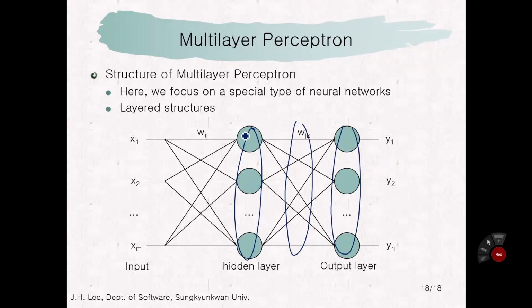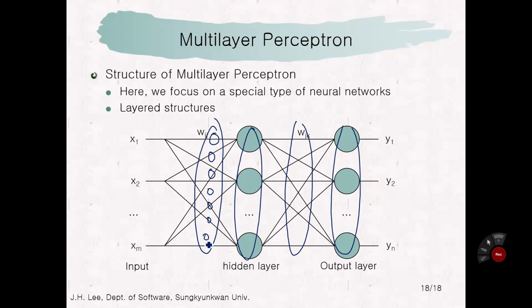Okay, what about this? No problem. You may put down as many hidden layers as you want. Then what about the nodes? How many nodes may I put down here? No problem. You may put down as many nodes as you want. Number of layers, number of nodes, you can put down as many as you want.